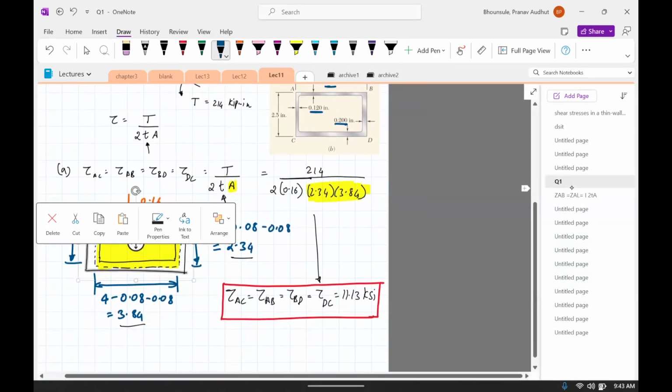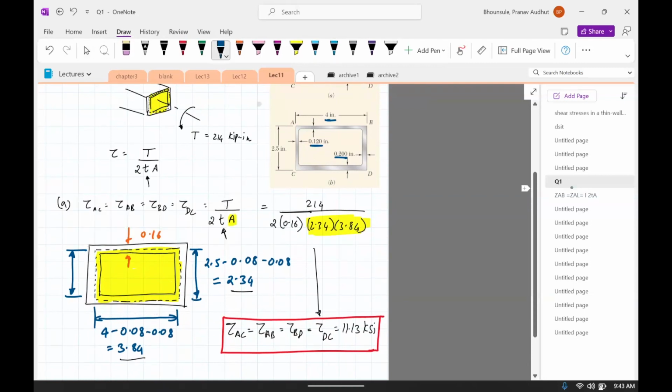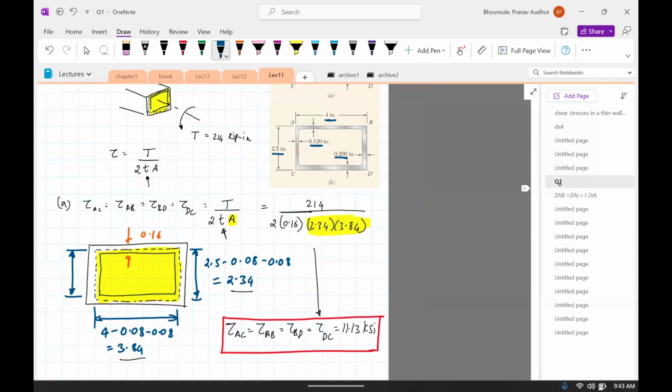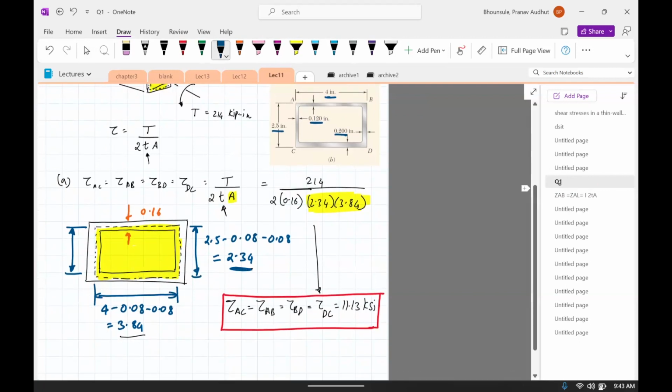And then the height is 2.5 minus half of 0.12, again half of 0.2. So 2.5 minus 0.06 minus 0.1 also turns out to be the same as before. So 2.34 was the same cross-section area we got earlier. So the area remains unchanged.